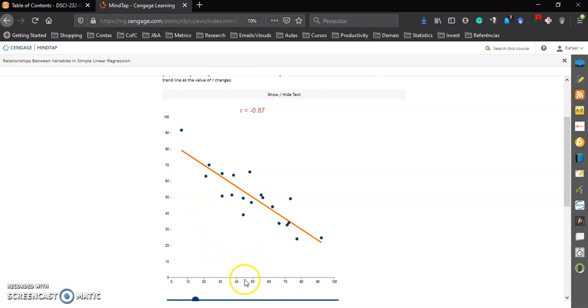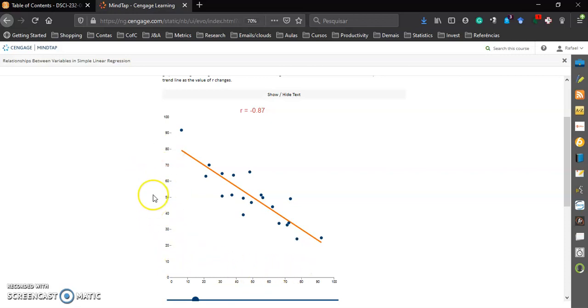Let's assume that now this is the interest rate, the base interest rate that the Fed establishes for the economy. So the more it grows, the less economic activity. This is gross domestic product. So the higher the interest rate, the less economic activity. Or this could be the increase in the gross domestic product or whatever.